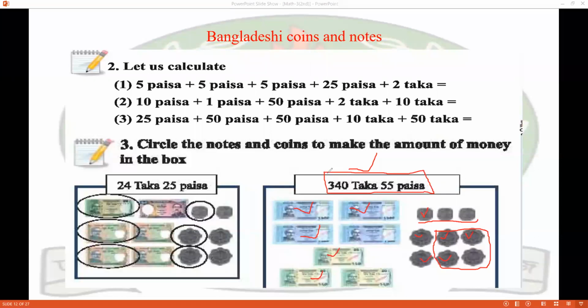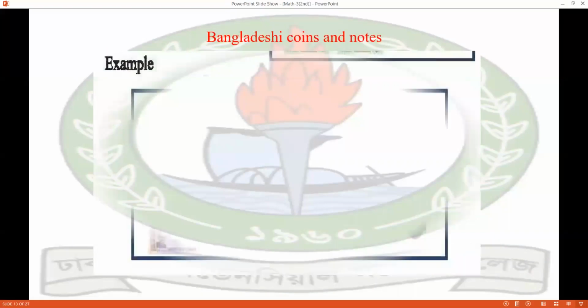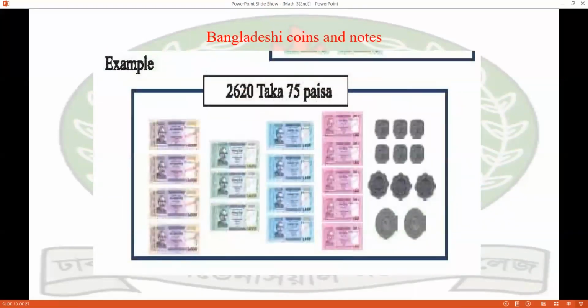You can choose the taka and paisa from the given amount. As for example, you have to choose 2620 taka and 75 paisa. We can choose in different ways.